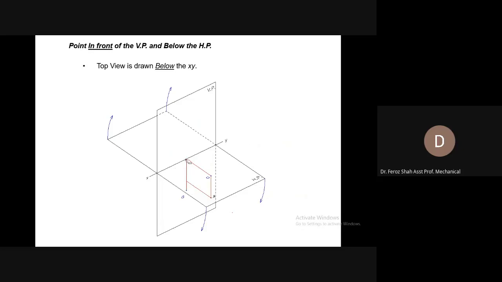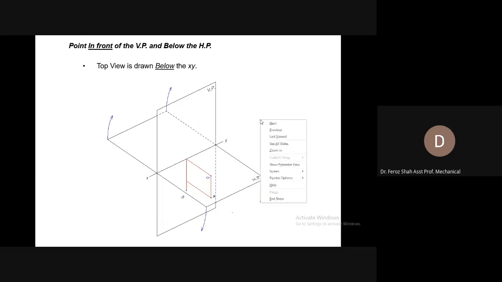So you will have the top view below the XY reference line again, and how much below? That much which the point is in front of the vertical plane. For example, if the point is 10 millimeters in front of the vertical plane, its top view will be formed 10 millimeters below the XY reference line.